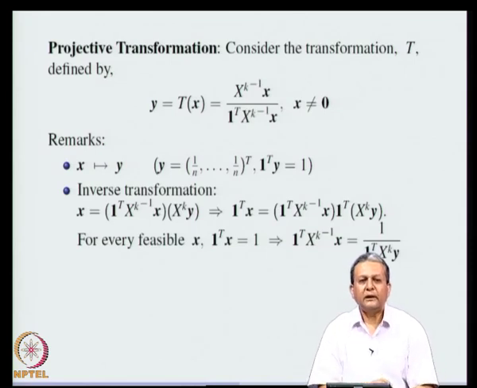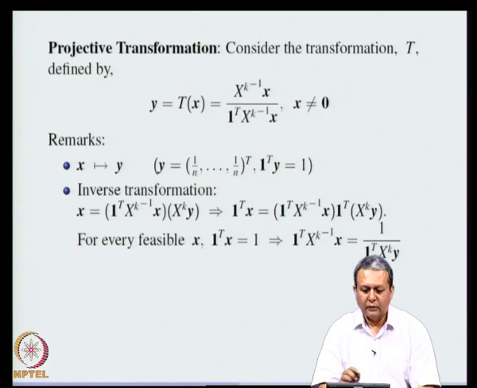Now, 1 transpose x, we have assumed that 1 transpose x equal to 1, because that is one of the requirements of the homogeneous linear program. So, 1 transpose x equal to 1 means that 1 transpose xk inverse x is equal to 1 over 1 transpose xk y, and therefore, we are able to write 1 transpose xk inverse x in terms of 1 transpose xk y.